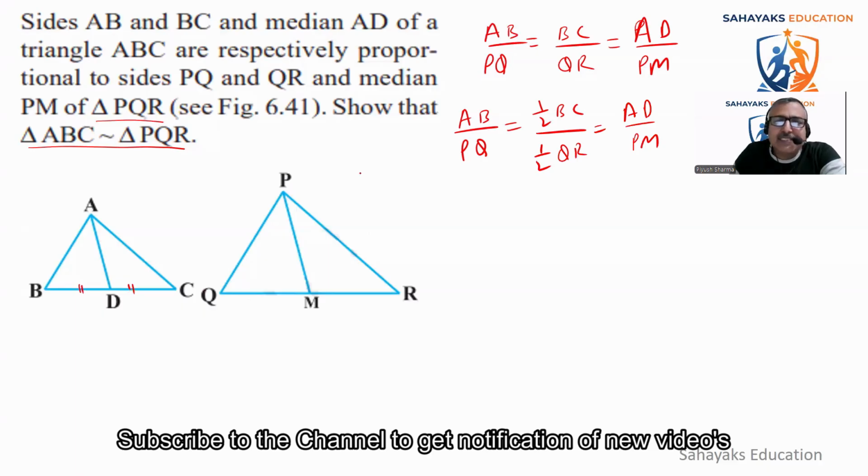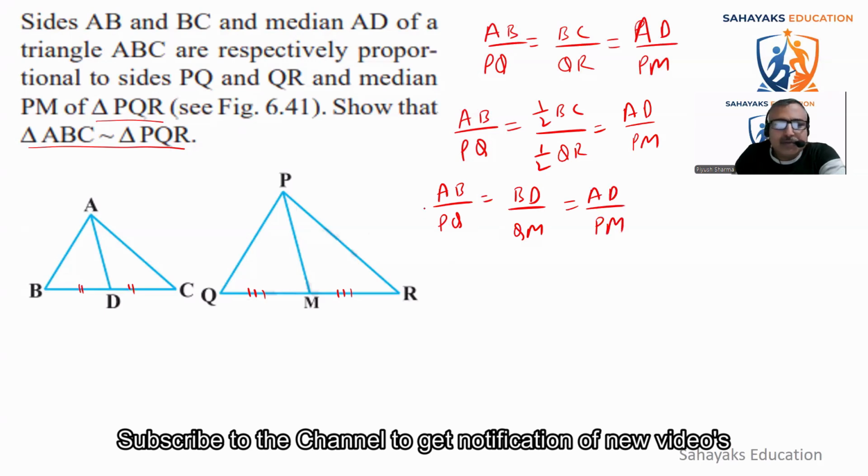So I can say half BC is equal to BD. So I can write AB by PQ is equal to BD divided by QM. So BD is equal to QM. So we can say AB by PQ is equal to BD by QM is equal to AD by PM.